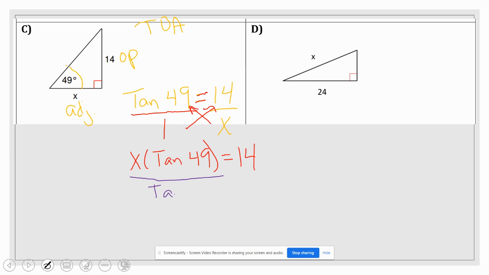Finish getting x alone by dividing by the tangent of 49. And so in our calculators, we're going to do 14 divided by tangent 49. And to the tenth place, that 7 should round the 1 to a 2. So our adjacent side has a length of about 12.2.